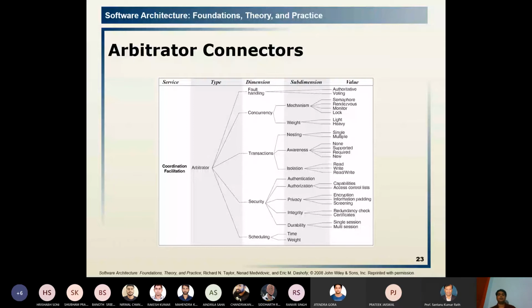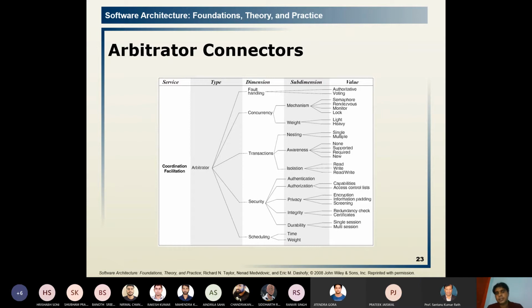Then concurrency, the mechanism and weight. The mechanism could be a semaphore or a rendezvous, then monitor, then lock. These are some synchronization mechanisms. Concurrency and synchronization were there. Then weight, lightweight or heavyweight.